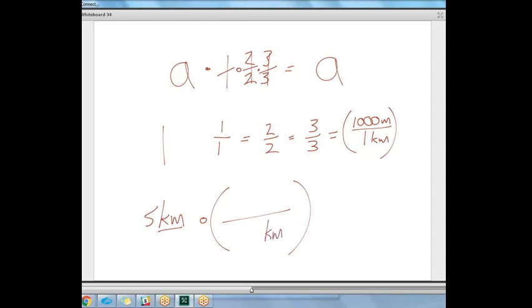So if I have 5 kilometers and I want to convert it to meters, I get to multiply it by anything as long as the top equals the bottom. And the sort of effective way to do this, if I have kilometers and I want to get rid of them, I put kilometers on the bottom. Anything kilometers can be equated to can go on top. In this case, I want meters.